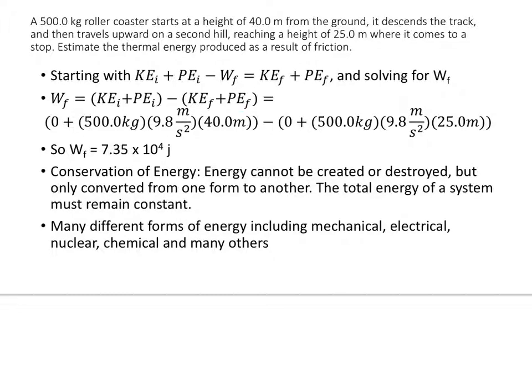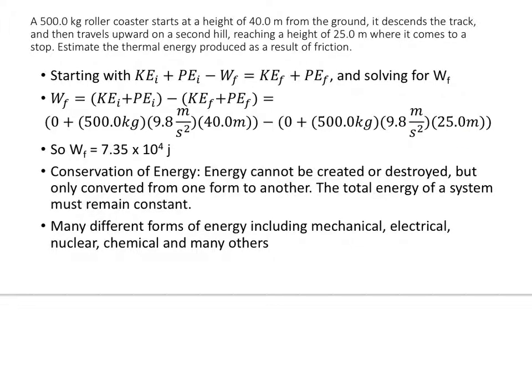Okay, so the initial kinetic is 0, and the initial potential is 500 kilograms times 9.8 times 40 meters, minus the final kinetic, which is also 0 because the roller coaster came to a stop, plus 500 kilograms times 9.8 times 25 meters.